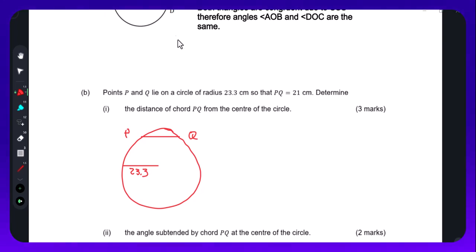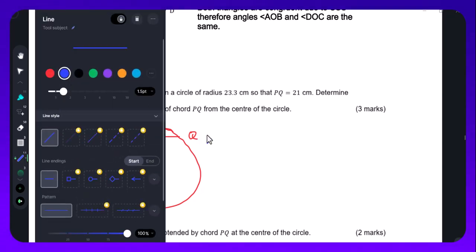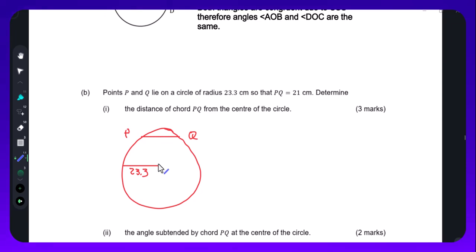When you're trying to figure out the distance all the way down to the center, I'll go a different color for a quick second. So I'm going to go from the center to the center of the chord. We are unsure of what that value is going to be, but we are sure of what this value is going to be.